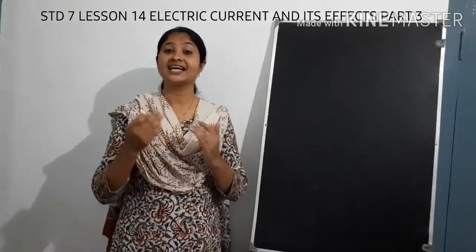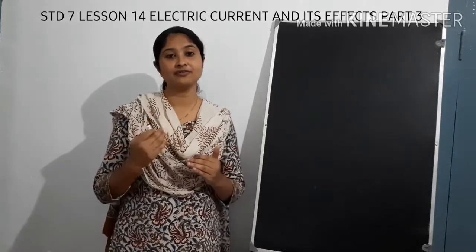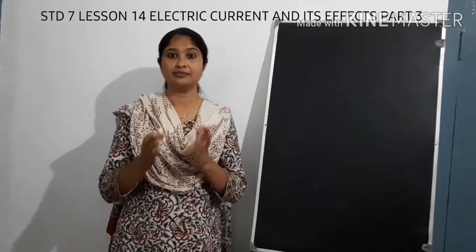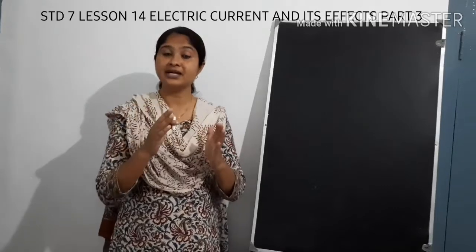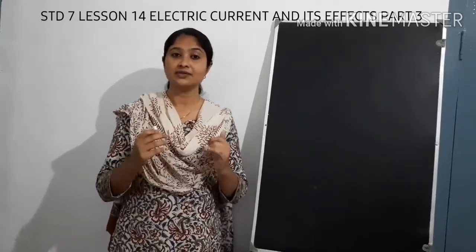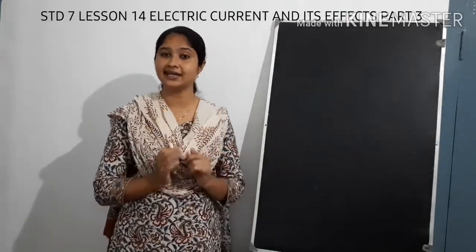It gives out heat. So this is the heating effect of electric current. We can see the element red in color because when electricity is passed, it becomes hot and heat is given out from that. So it is visible because the element will be red hot. It is red in color.